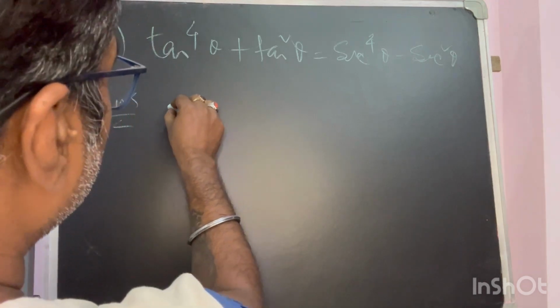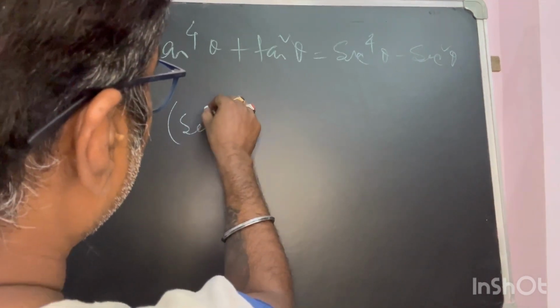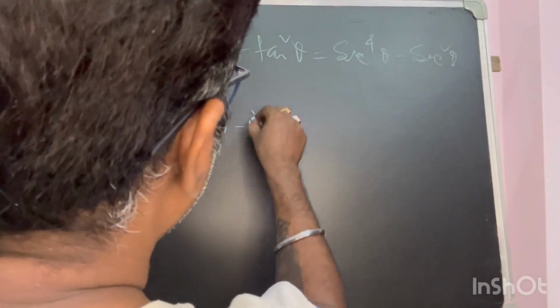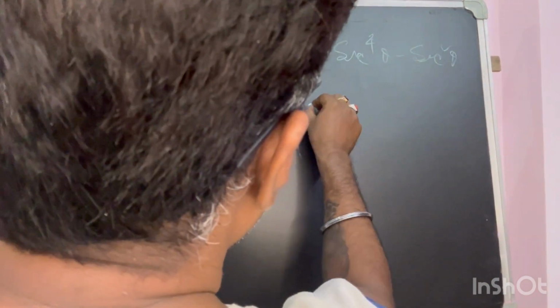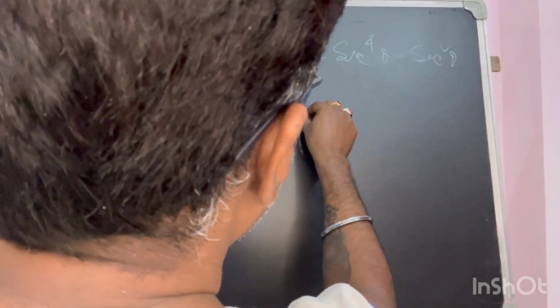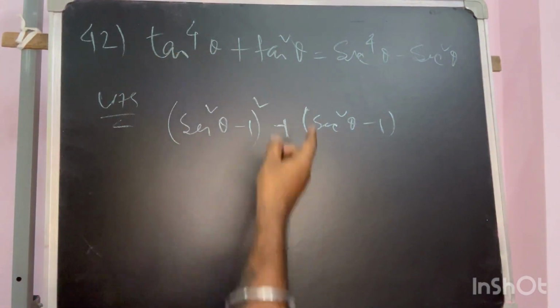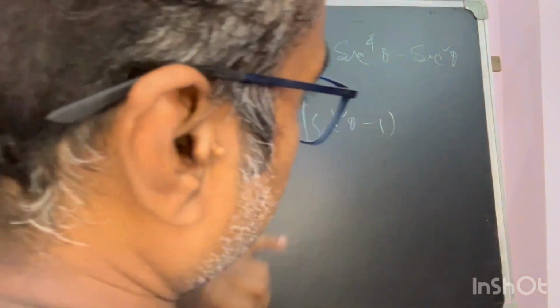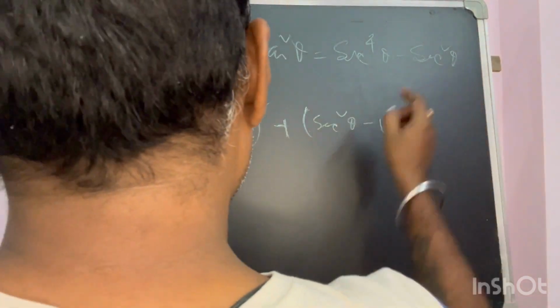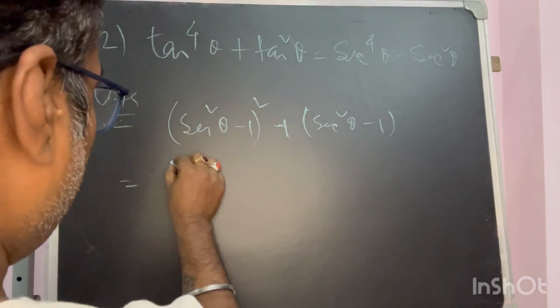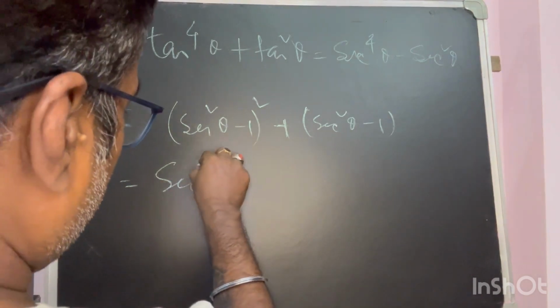Tan to the power 4 theta is sec square theta minus 1 whole square, plus tan square theta, which I will write as sec square theta minus 1. I'm just converting tan into sec, because on the right hand side only sec is there. It's obvious that you have to put it in this form.